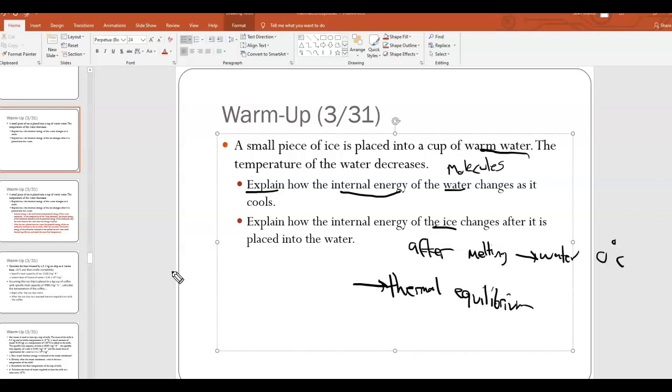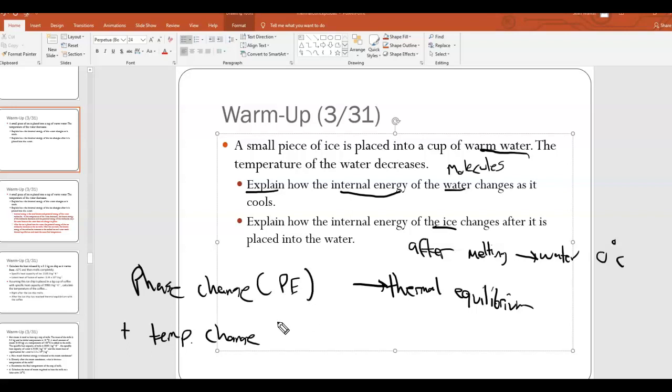In other words, there is going to be a phase change plus a temperature change. Okay, and so the internal energy is going to increase in two regards. The potential energy of the molecules is going to increase, and during the temperature change, the average kinetic energy of the molecules is going to increase.